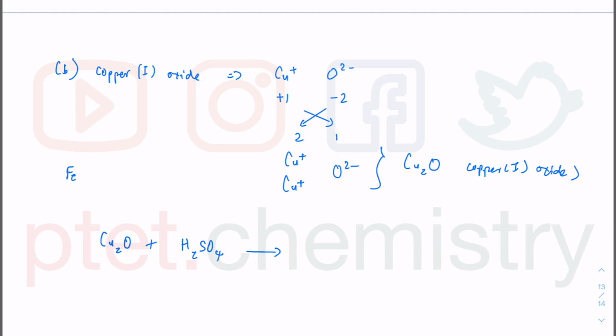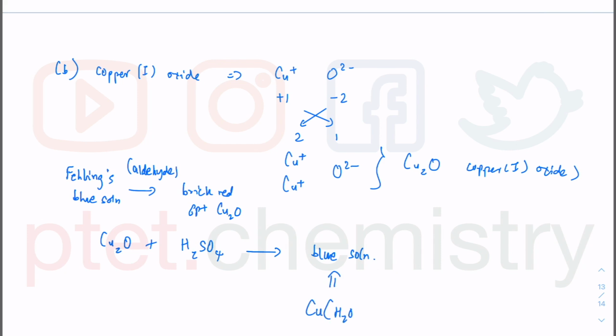Fehling reagent is a pale blue solution, and if aldehyde is present, you're going to get a brick red precipitate. That brick red precipitate is copper 1 oxide specifically. So there's a brick red solid, plus that, you're going to get a blue solution. Very clearly, the blue solution indicates the presence of Cu(H2O)6 2+, meaning copper 2 plus aqueous. And you get a red-brown solid.